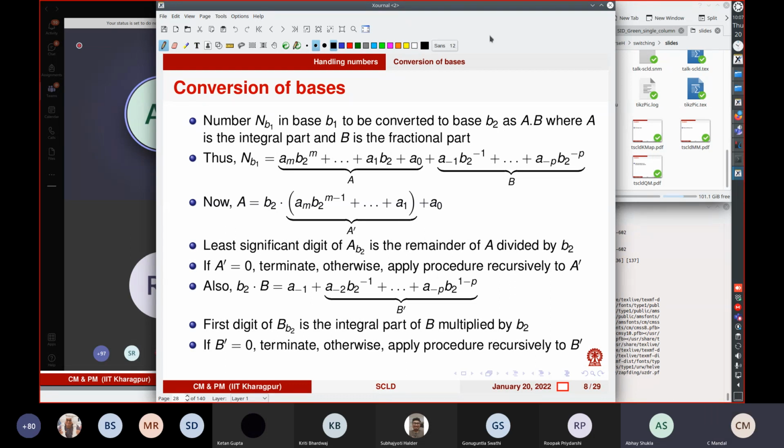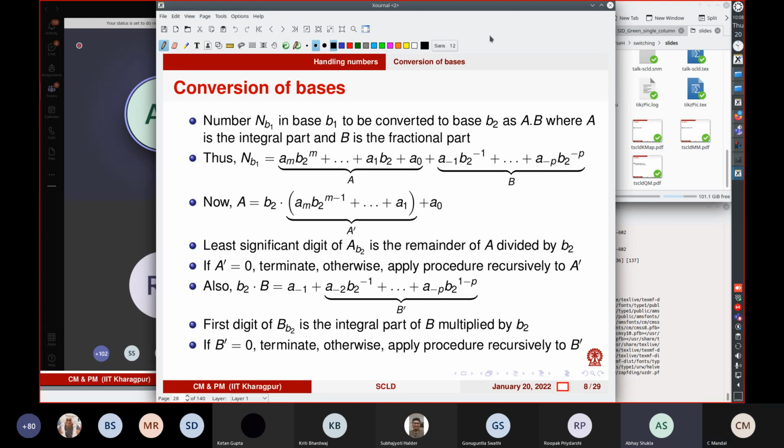And so far as the fractional part is concerned, if you multiply b by B2, then you get a minus 1. Basically that fractional part of N in base B1, you multiply by B2, and that will give you the first digit after the fraction.